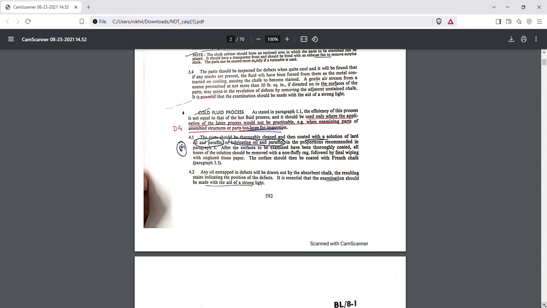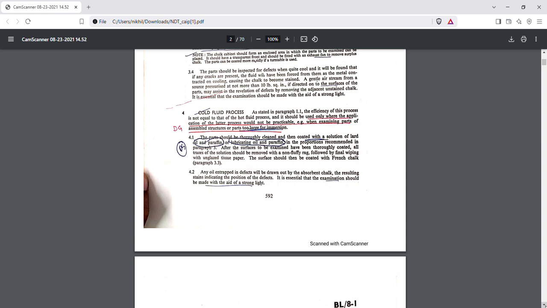As stressed in paragraph 1.1, the efficiency of the process is not equal to that of the hot fluid process, and it should be used only where the application of the latter process would not be practicable, for example, when examining part of an assembled structure or a part too large for immersion. 4.1.